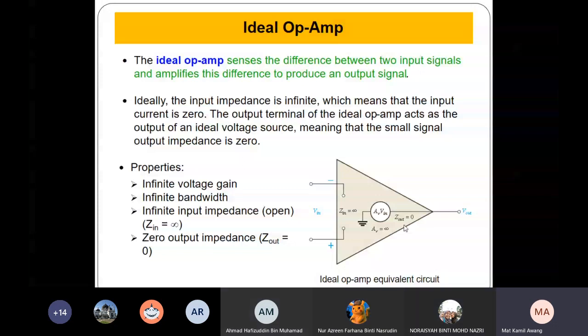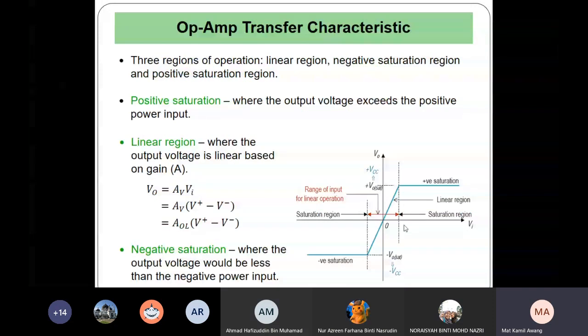This is the OpAmp transfer characteristic. Basically, you have three regions. The first region is the linear region. This part is the linear region, where you have your amplifier.